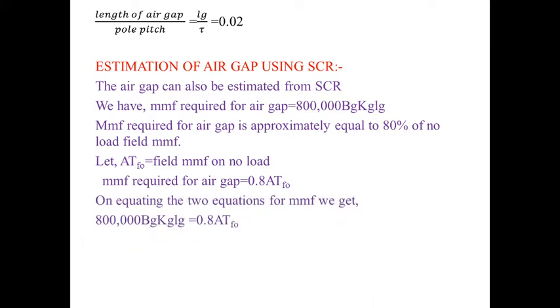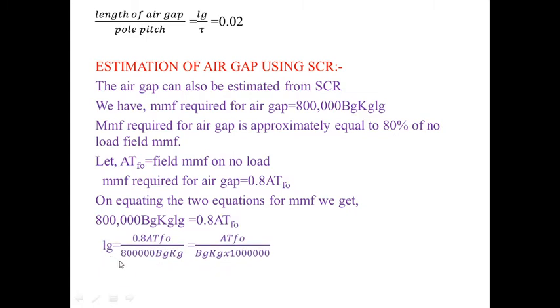On equating both equations for MMF, we will get 800,000 Bg into kg into Lg equal to 0.8 into ATF naught, where Bg is the gap flux density, kg is the gap contraction factor, Lg is the length of air gap, and ATF naught is the field MMF on no load.